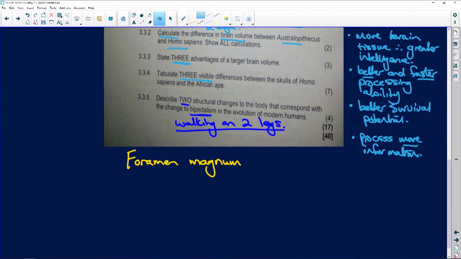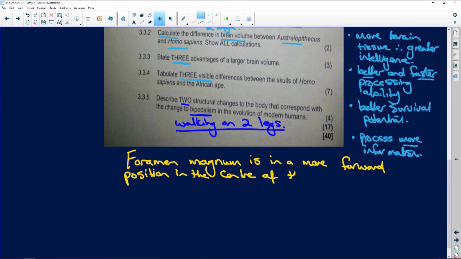So the foramen magnum is in a more forward position in the center of the skull. Okay, so that would be the first thing. Why? So that your spinal cord goes into the brain vertically and not horizontally.